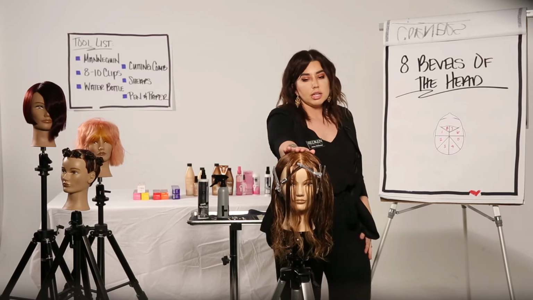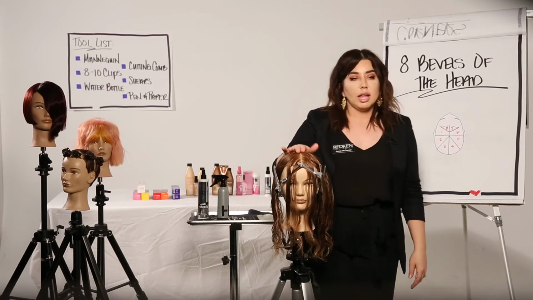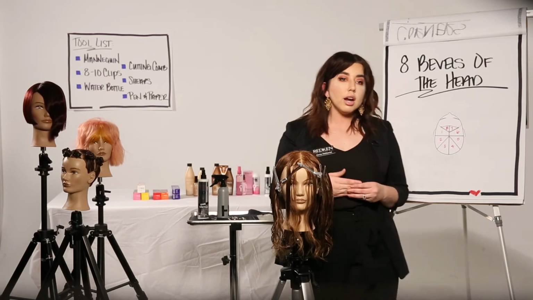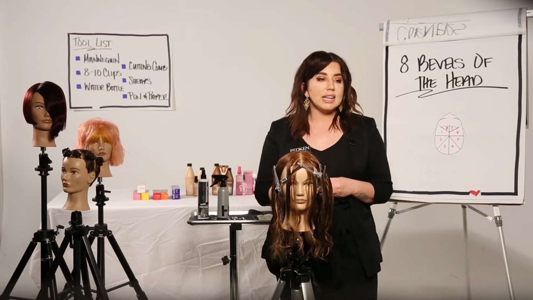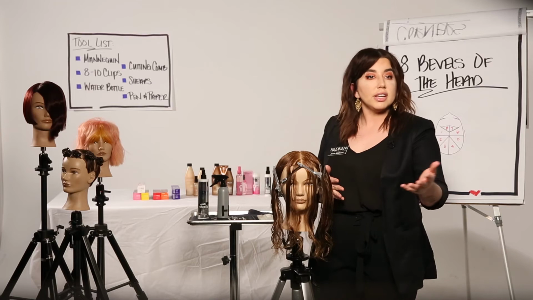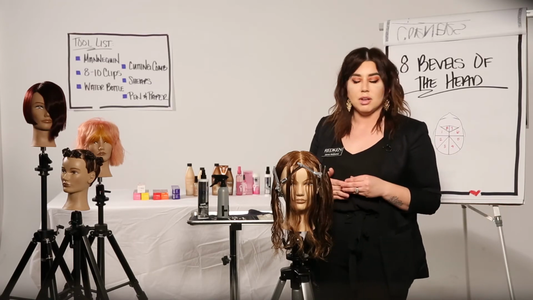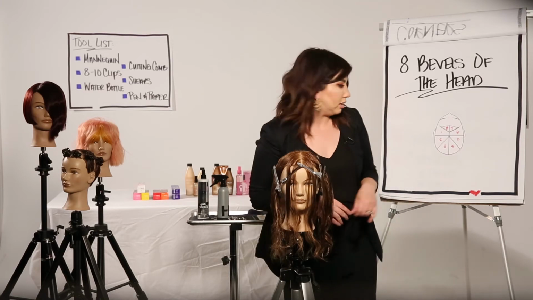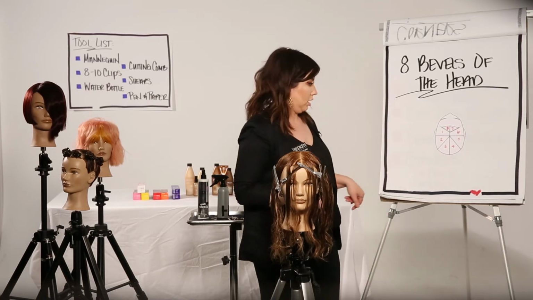The great thing about this is that, like we have formulas for our color, we can now have a formula for our haircut. So when your guest comes in and they say, I would love exactly what you did the last time, now we can have a formula for our perimeter of our haircut. How cool is that, right?